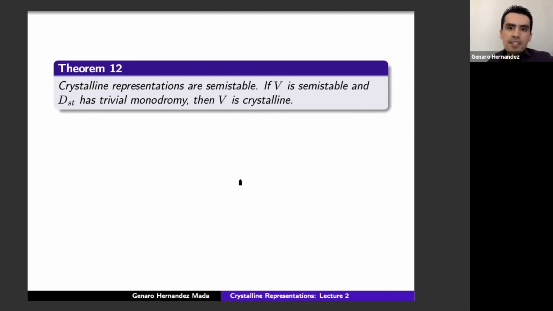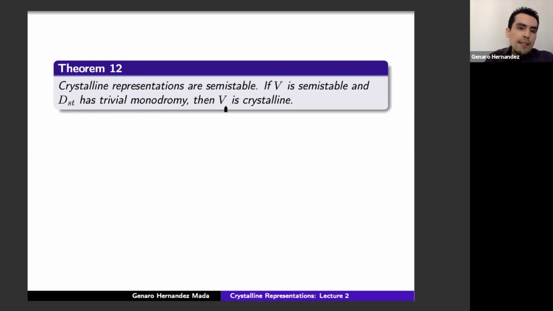Moreover, if V is semi-stable and D_st of V has trivial monodromy, then V is crystalline. So this is really nice, right? Because the monodromy appears in those cases in which the representation is not crystalline.